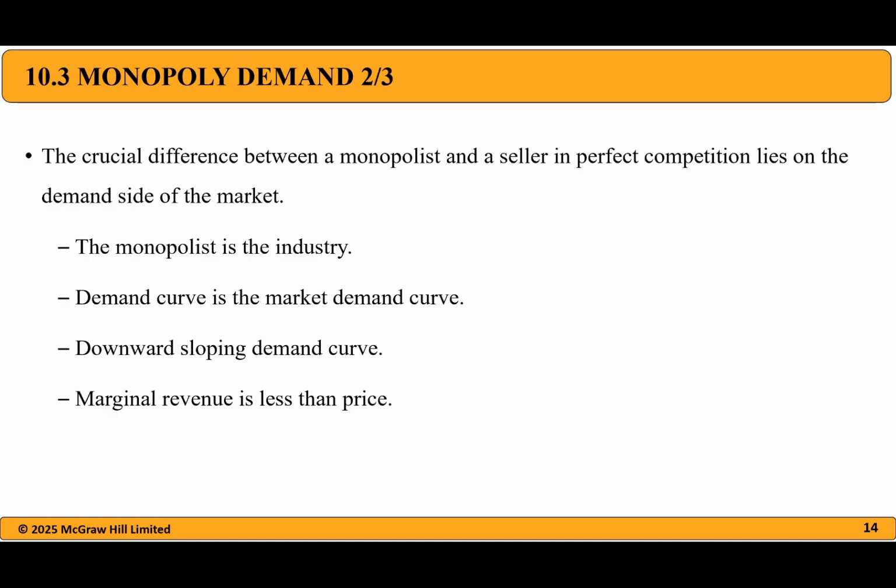That is why marginal revenue is less than the price in the case of a monopolist. In the perfectly competitive model, marginal revenue was equal to price, as well as average revenue was equal to price. But in monopoly, we will shortly see in the graph as well as in tabular information how marginal revenue becomes less than the price.